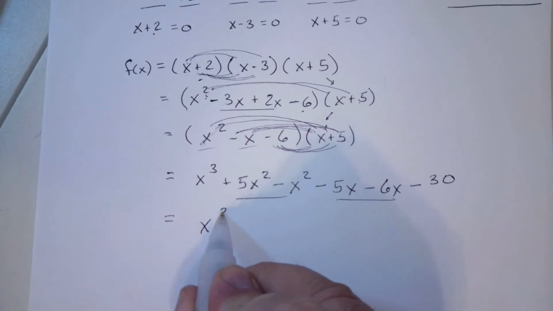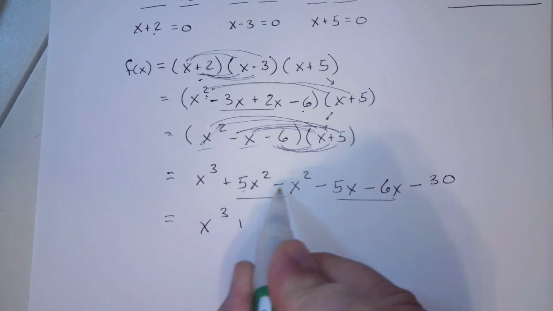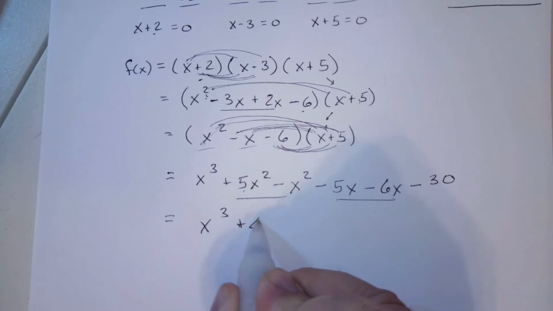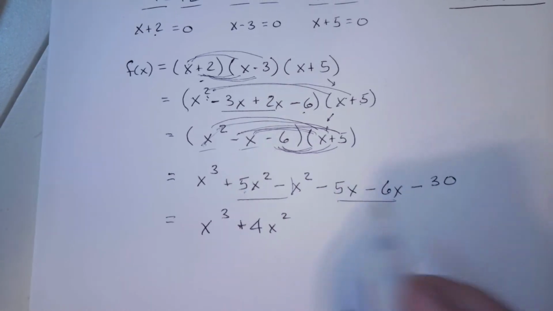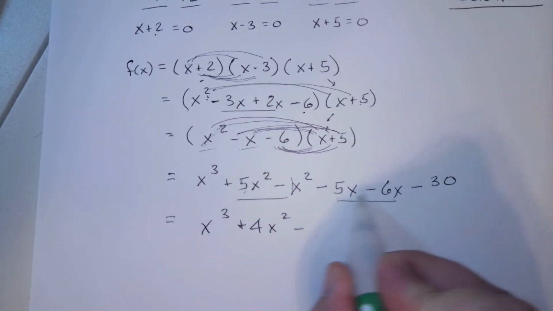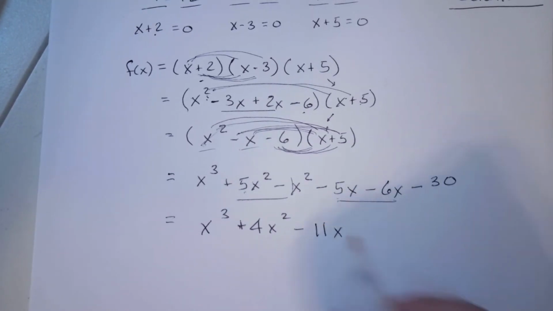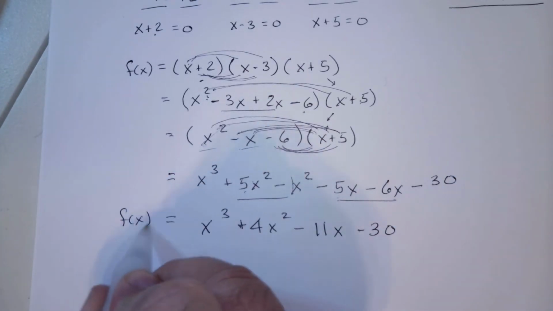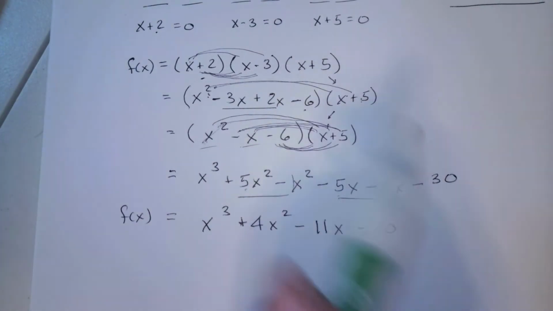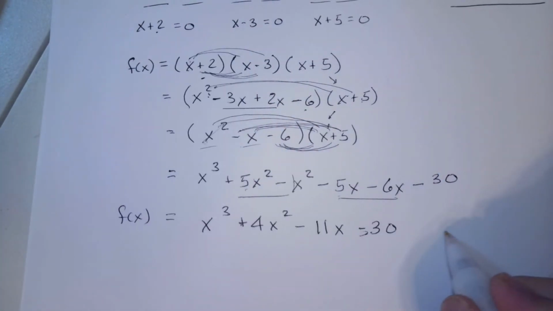Our final answer: 5 minus 1 is positive 4, because 5 is bigger than 1. They're both negative, so the answer is negative. 6 plus 5 is 11. So there's our polynomial. This is the polynomial from these zeros.